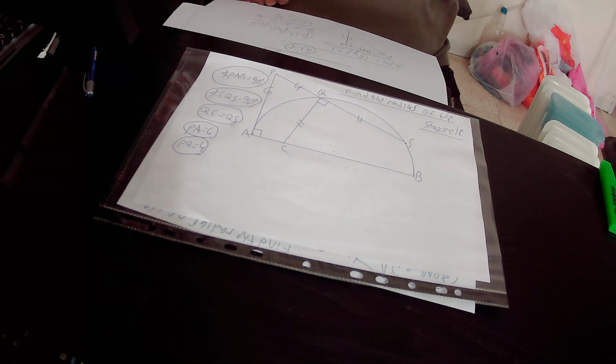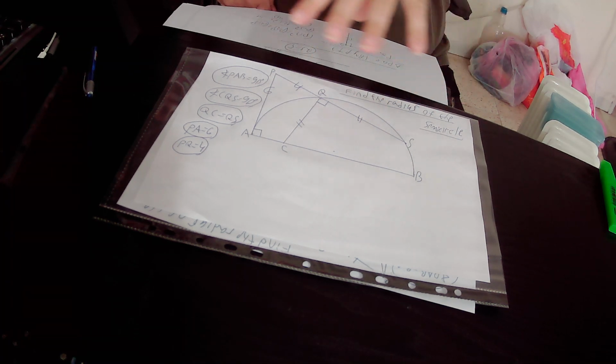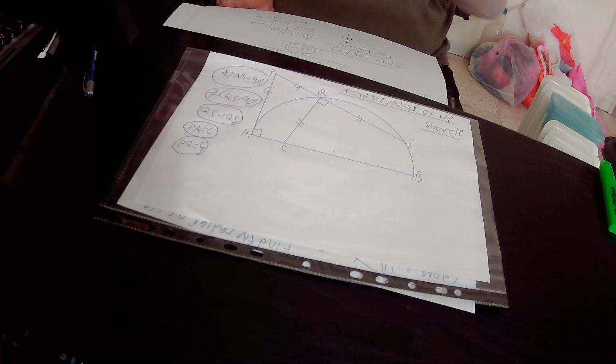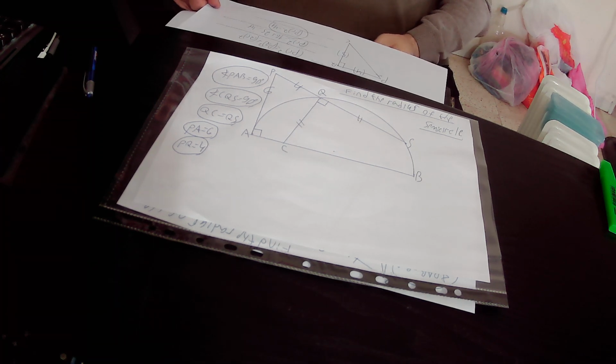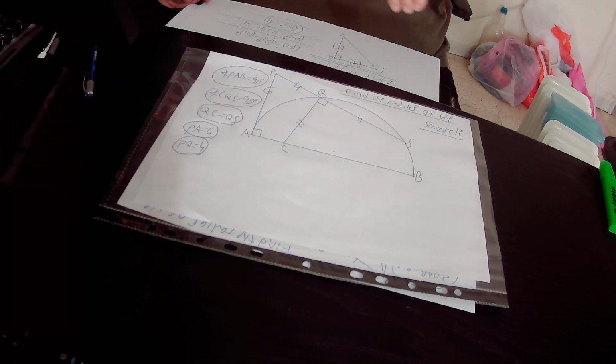In this lecture, we found out the radius of this semicircle. In the drawing, we have a semicircle.